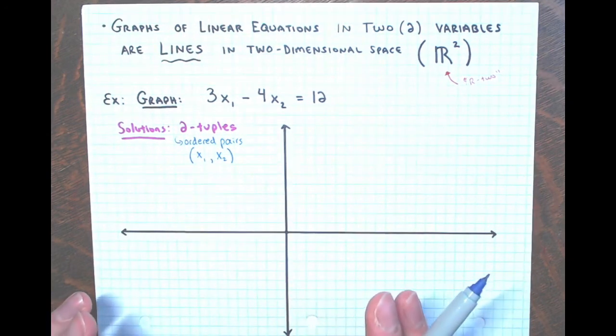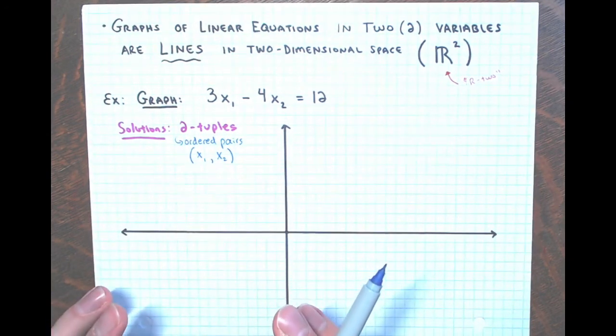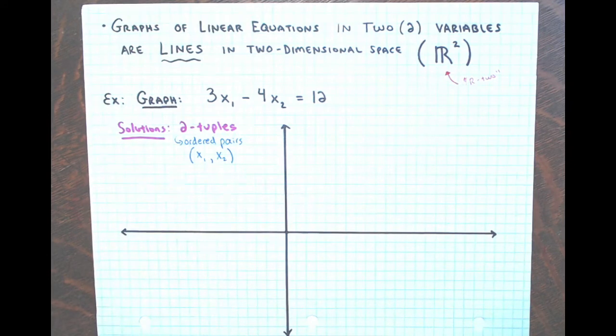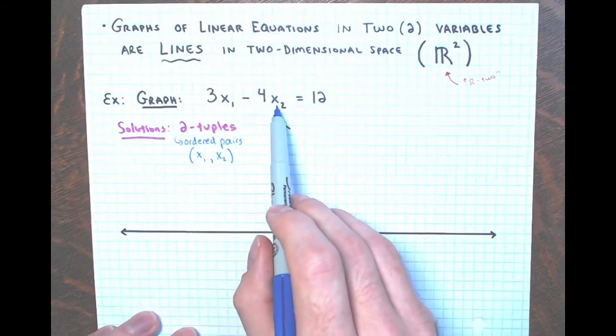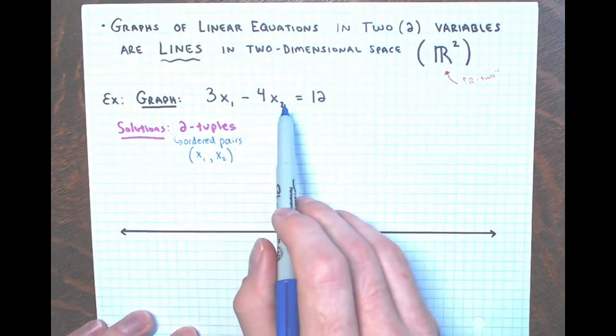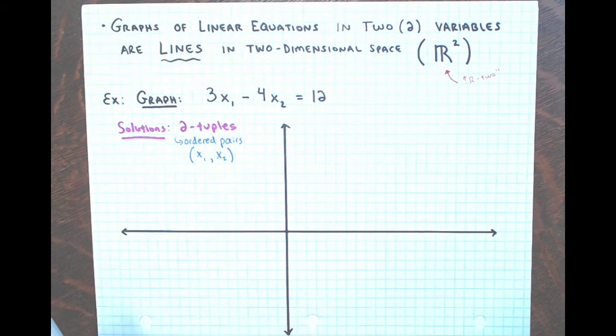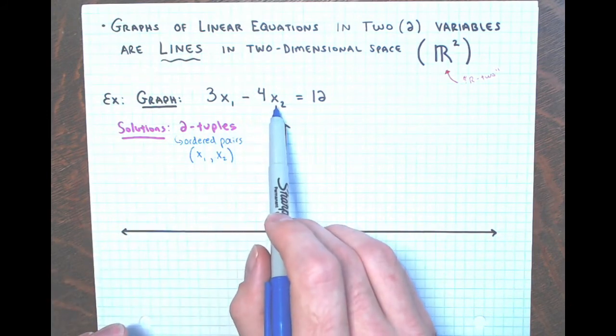Now to find solutions, you just pick a value when there are 2 variables and only 1 equation. Remember, it was easy to solve when there was 1 equation with 1 variable. So you pick a value for one of them, whatever you want. Say x2.